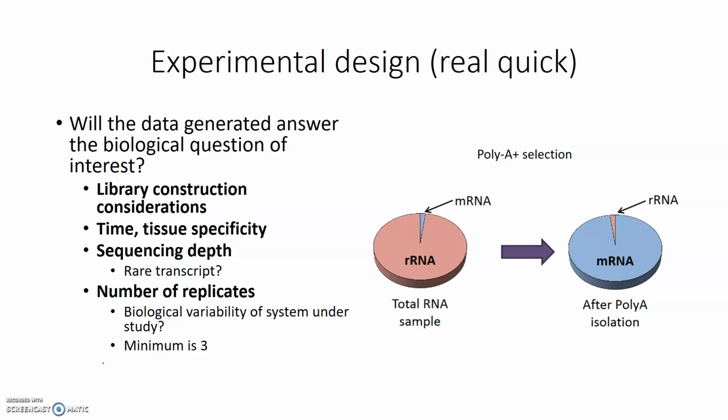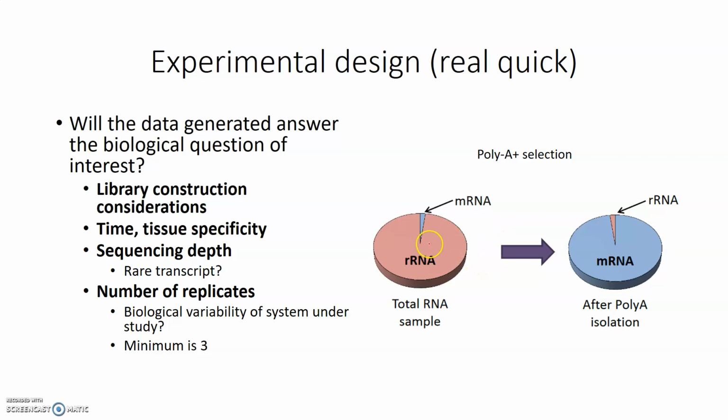How much depth do we need so we're sure that when we see a change that's present in our short sequencing reads, we can be sure of that call? The same kind of question comes here: how many transcript counts do we need to be sure that if we say this particular gene is upregulated, that it actually is? And then, of course, with any statistical measure, you need to talk about the number of replicates. That gives you a valid statistical test.